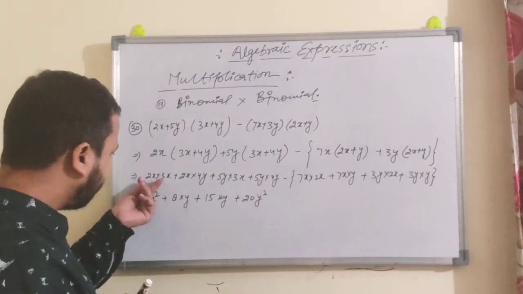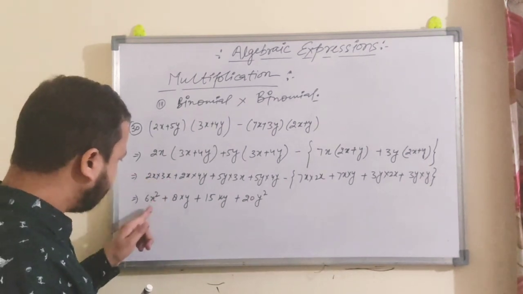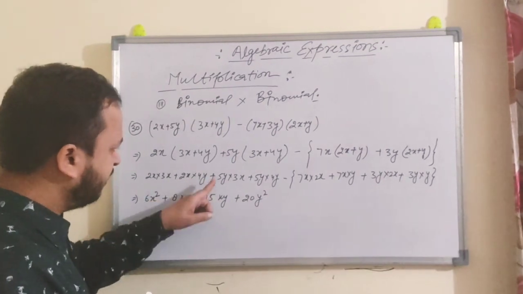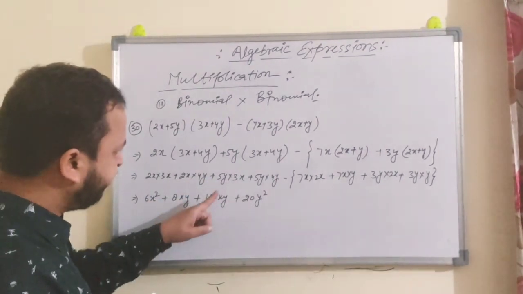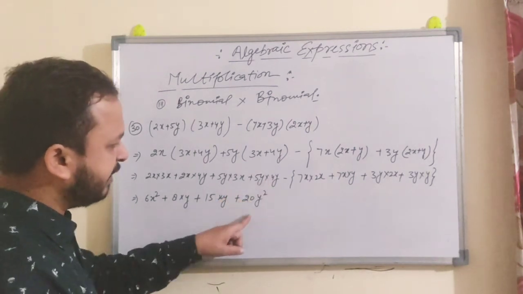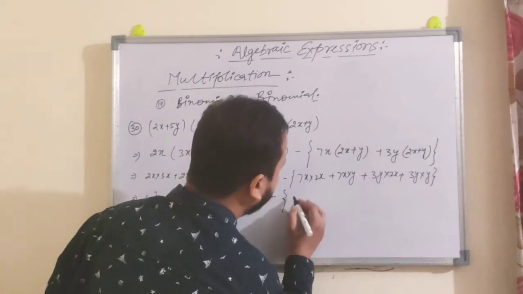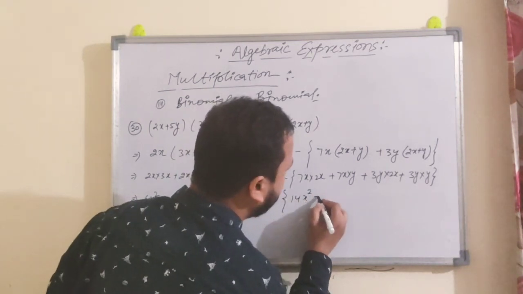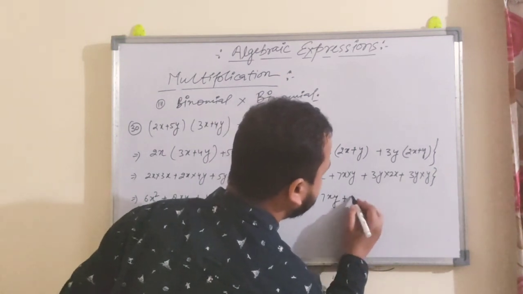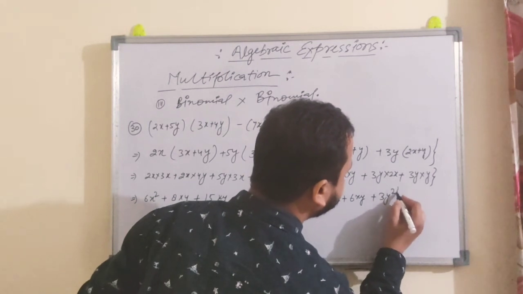What we have to do: first multiply the numerals. 2 into 3 that is 6, x into x that is x square, 2 into 4 that is 8, x into y xy, 5 into 3 that is 15, x into y that is xy, and 5 4s are 20, y into y y square, right? Minus, 7 2s are 14x square plus 7xy plus 3 2s are 6xy plus 3y square.